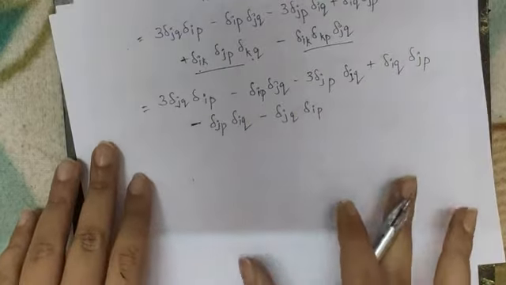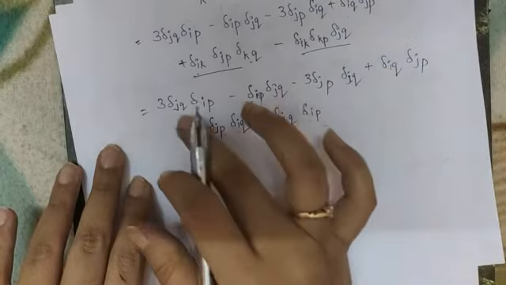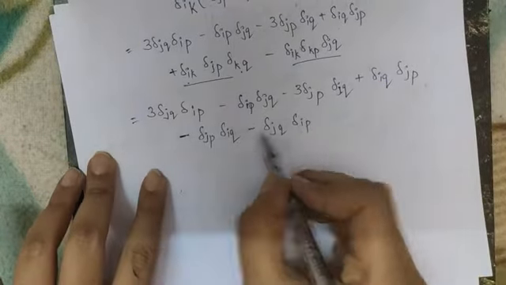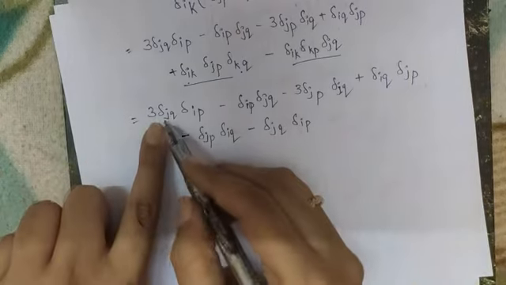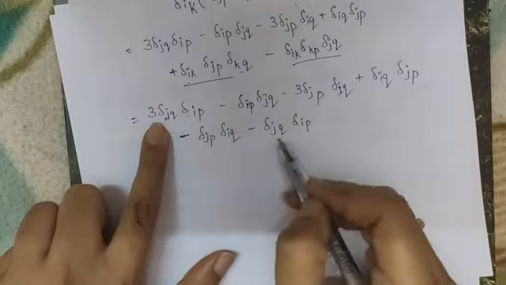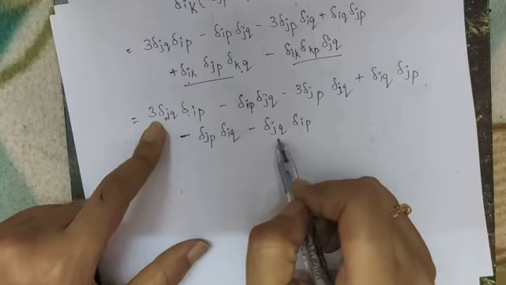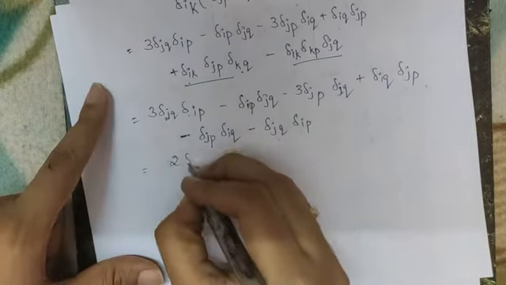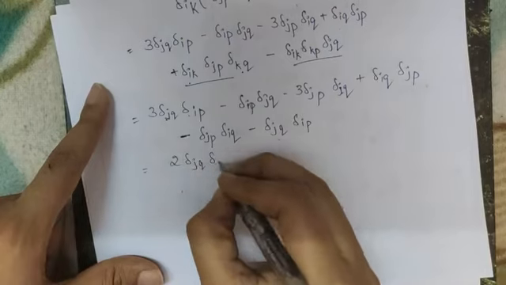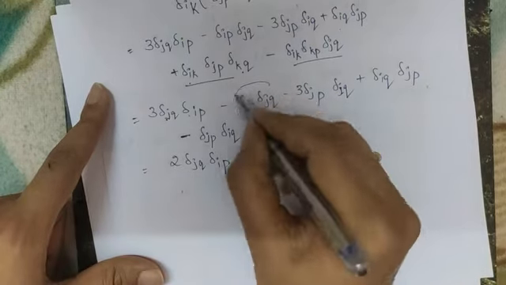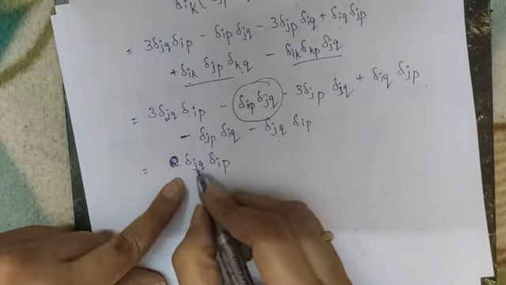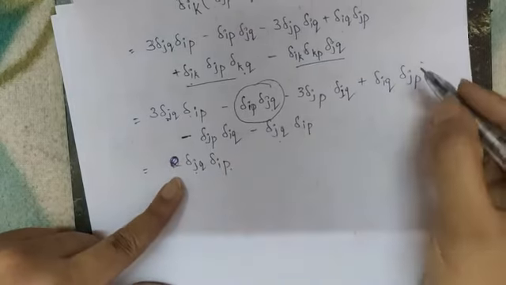Right? So now you can solve this. If you solve this, you will get, see, 3 delta jq delta ip. Here I have minus delta jq delta ip. So from this you will get 2 times delta jq delta ip, and I have minus delta ip delta jq. So you will get 1 delta jq delta ip.